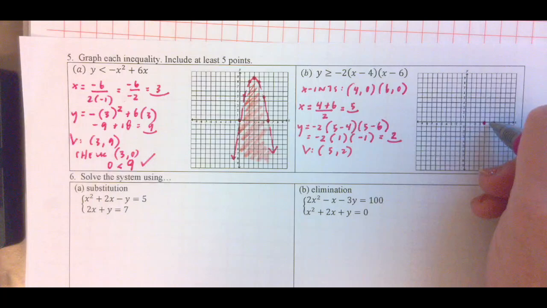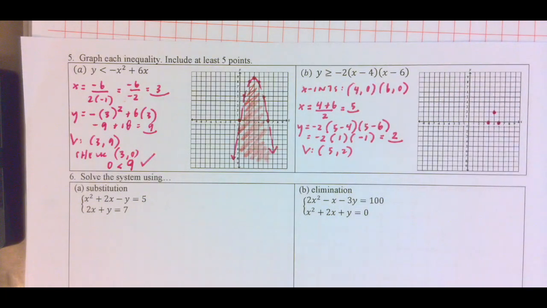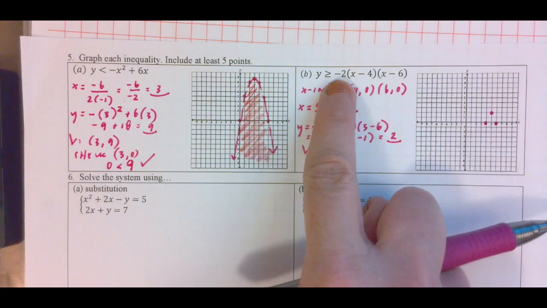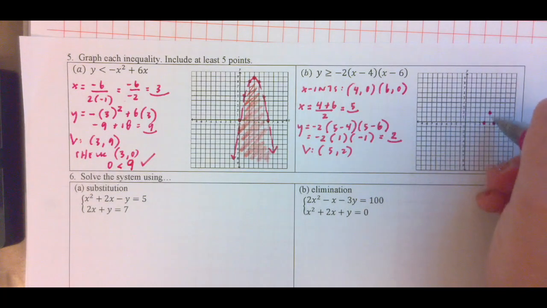So right there. If I want a few more points, right, use that it's a vertical flip with a stretch factor of 2, vertical stretch of 2. So over 1, down 2, over 2, and down 8 puts me here and here.